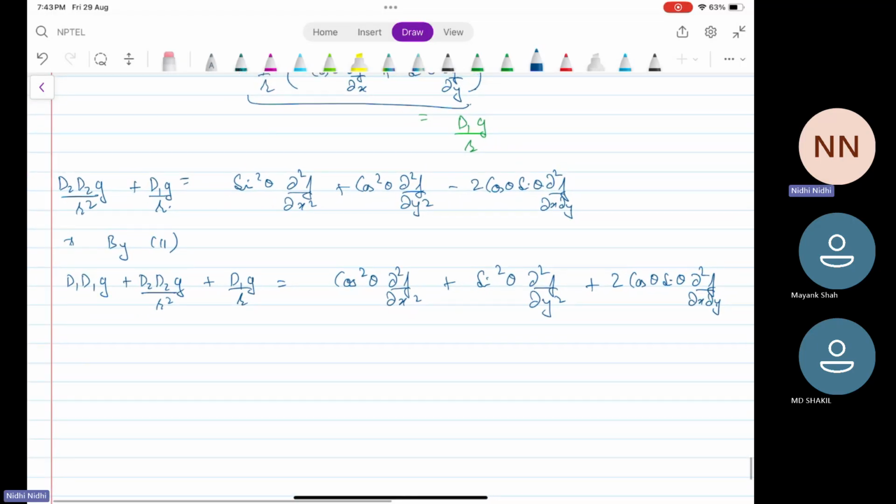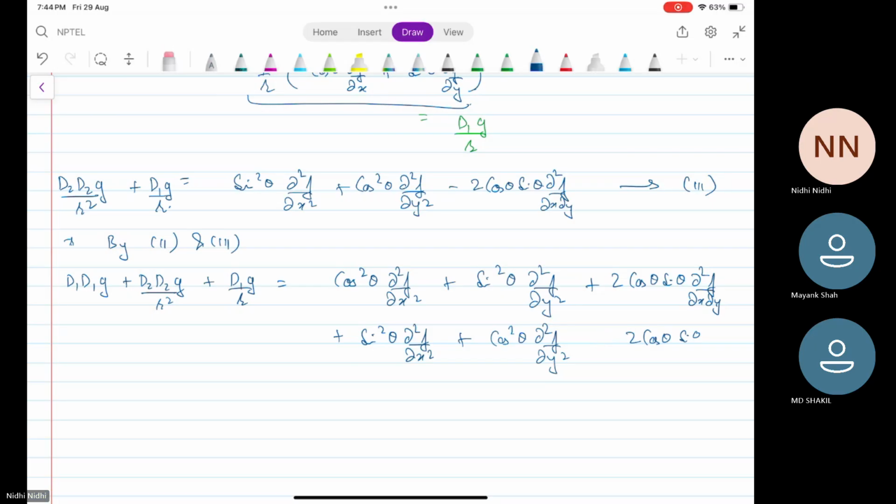And rest of the terms, I'll mark this as second and third. This is plus sine square theta del 2f by del x square plus cos square theta del 2f by del y square minus 2 cos theta sin theta del 2f by del x del y.